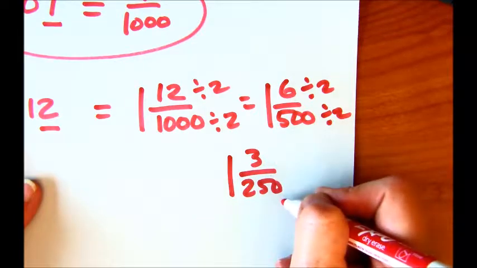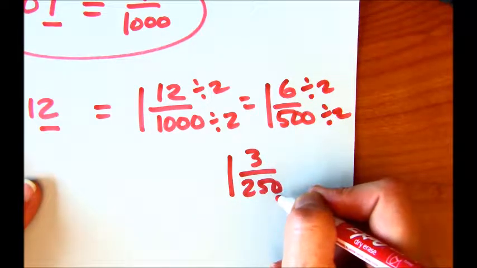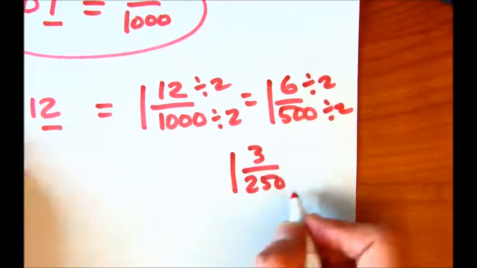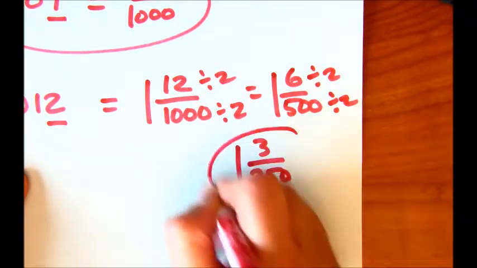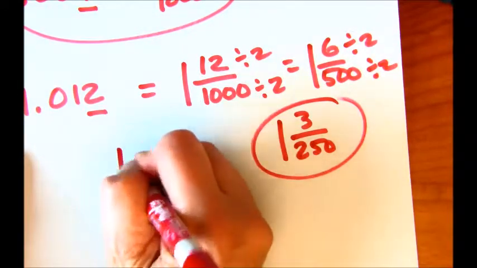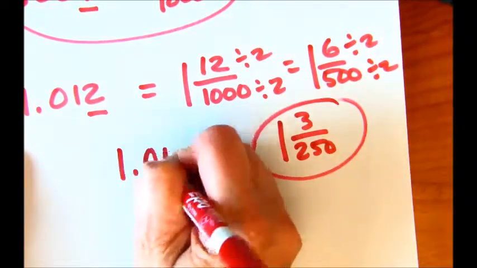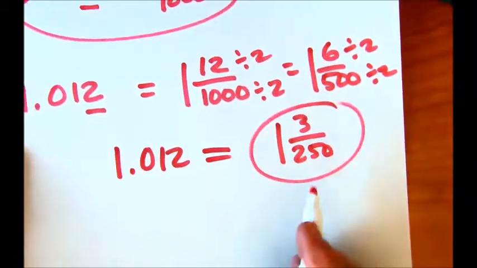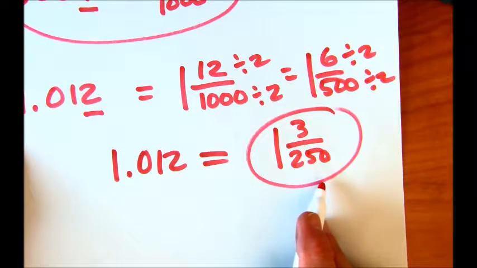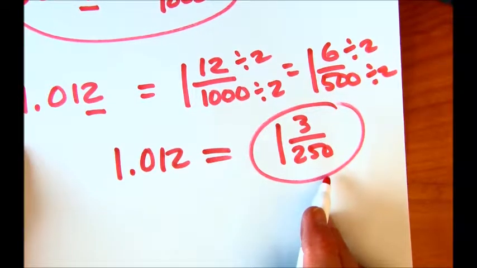And it doesn't look like 3 will go into 250. If I add 2 and 5, that's 7, which is not evenly divisible by 3. So if you know that trick, that's a nice trick. So really 1.012 is going to be equivalent to 1 and 3/250ths.